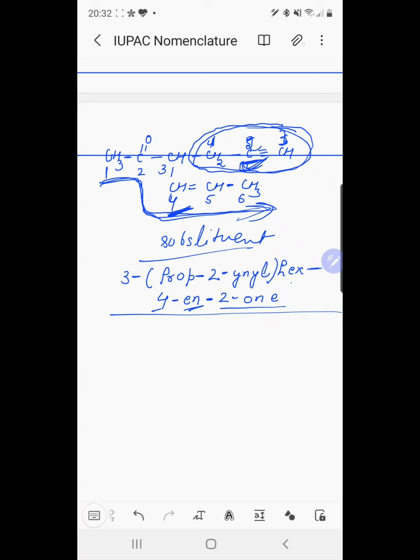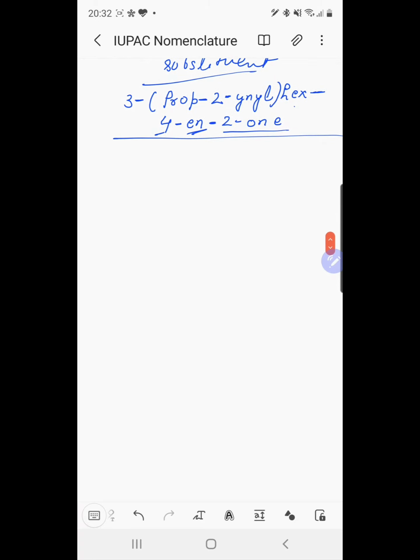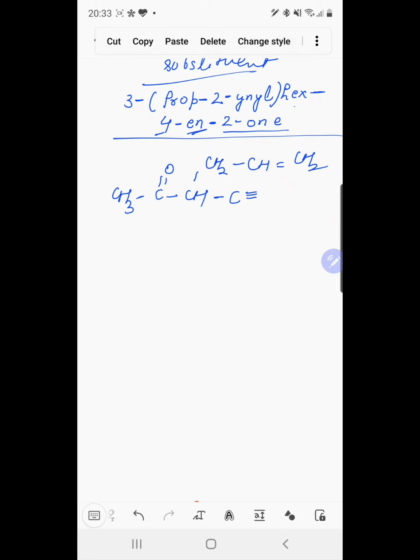So this is another example. If we have a compound like CH3 CO CH double bond, here we have substituent CH2 CH double bond CH2, and in this case we have C triple bond C CH3.